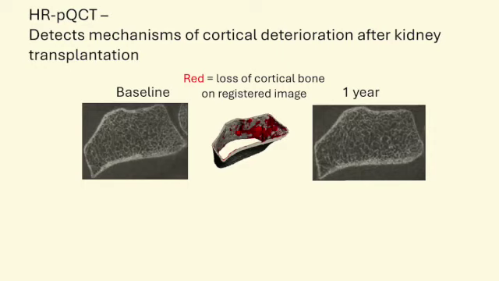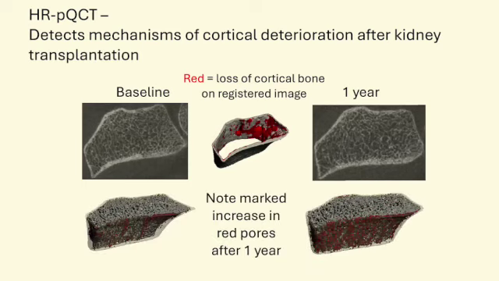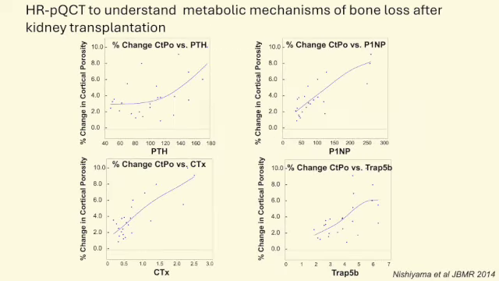And through image registration, we basically found that the cortical compartment was the compartment that experienced the most negative changes with increases in cortical porosity over that time period. And those were highly related to the metabolic abnormalities that were occurring due to renal failure, such as the persistence of hyperparathyroidism and how that related to increased remodeling rates in the skeleton.